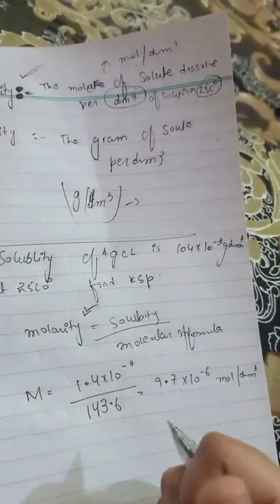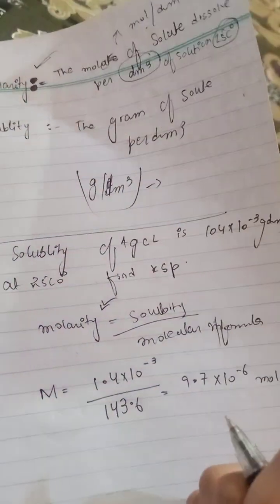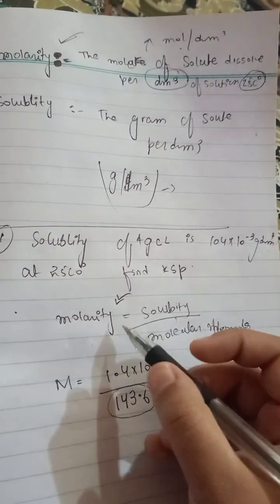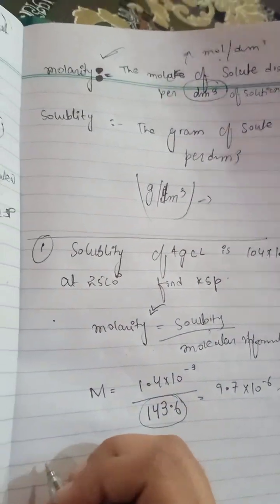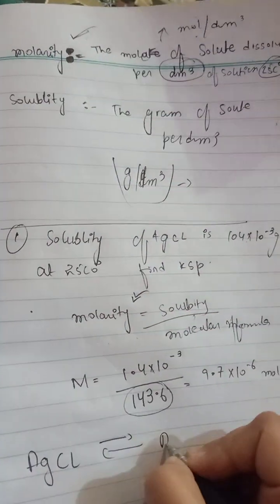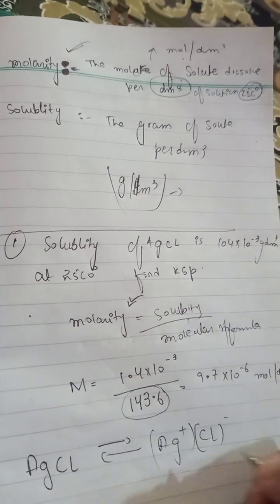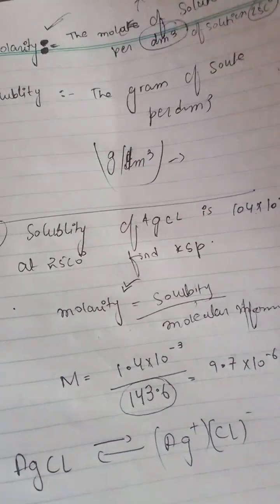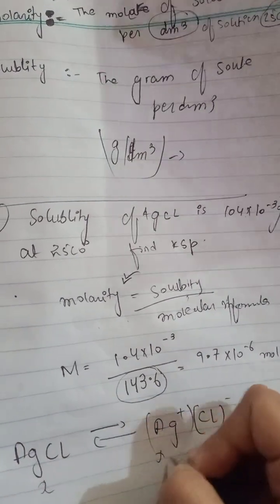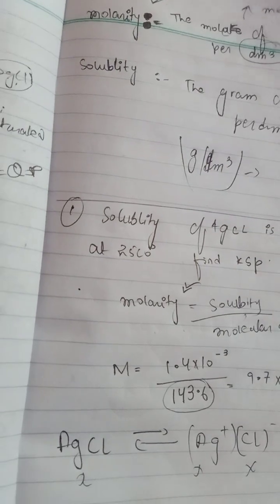Here you can see that we have written the molecular formula and the solubility. Now AgCl is converted into Ag plus and chloride. This is the ionic product. X is the molarity or concentration that we will be finding out.